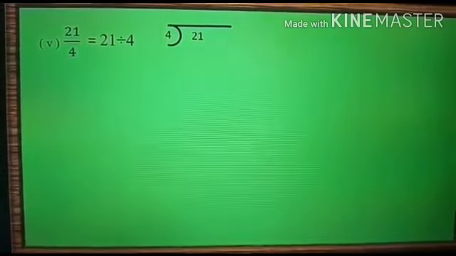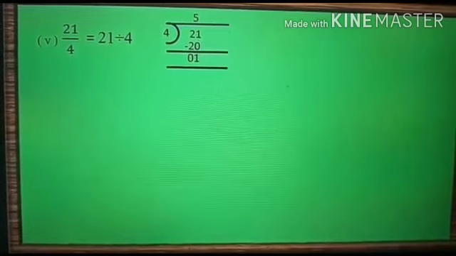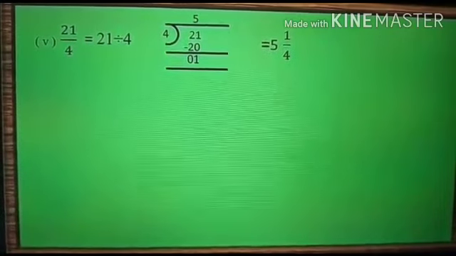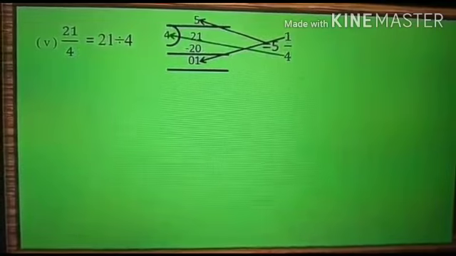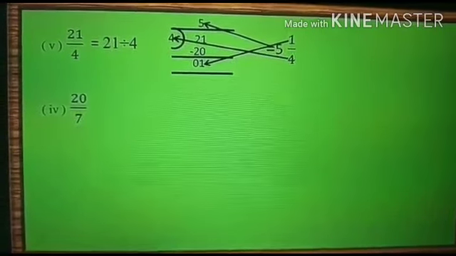21 upon 4. We have to divide 21 by 4. 4 5s are 20. Remainder is 1. So here quotient is 5, so we can write 5 as a whole number. 1 is the remainder, so 1 is the numerator and 4 is the denominator.